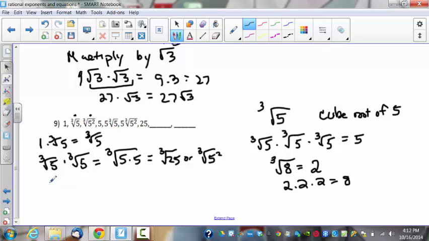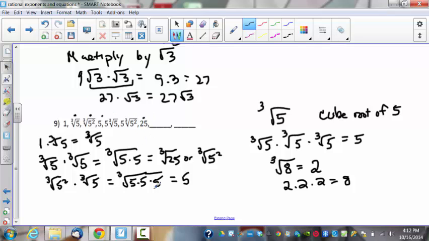And then the next one would be cube root of 5 squared times the cube root of 5. Well, that would be the cube root of 5 times 5 times 5, and by definition, that is equal to 5.